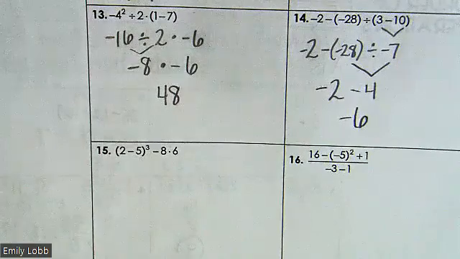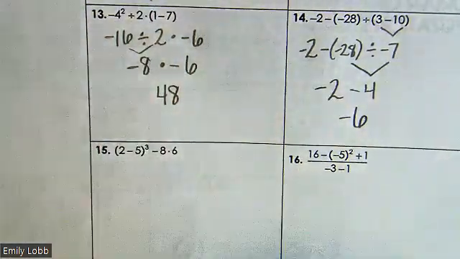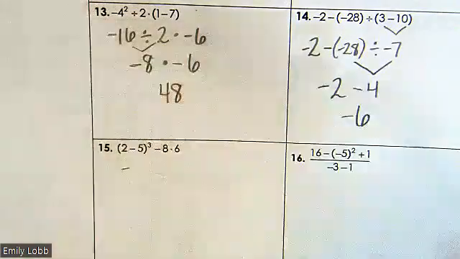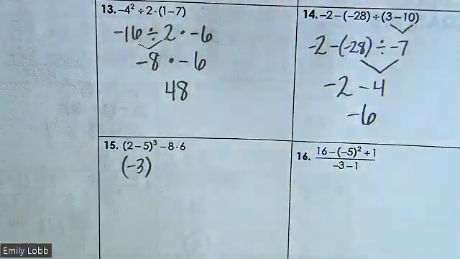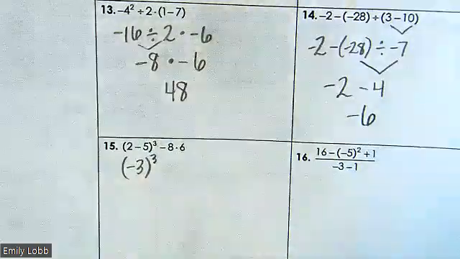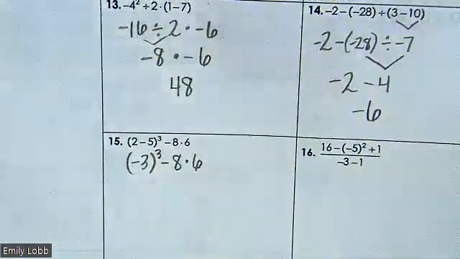All right. What am I going to do first here for number 15? The parentheses. What's 2 minus 5? -3. Be careful because that is in parentheses, raised to the third power minus 8 times 6.